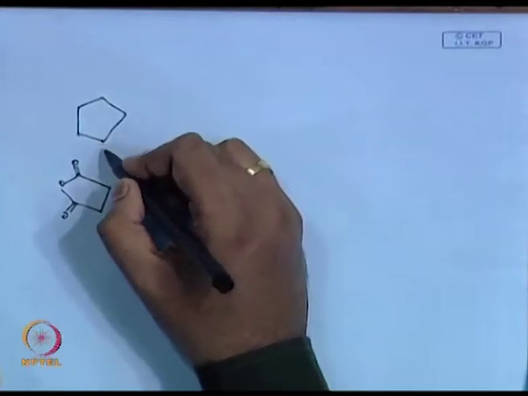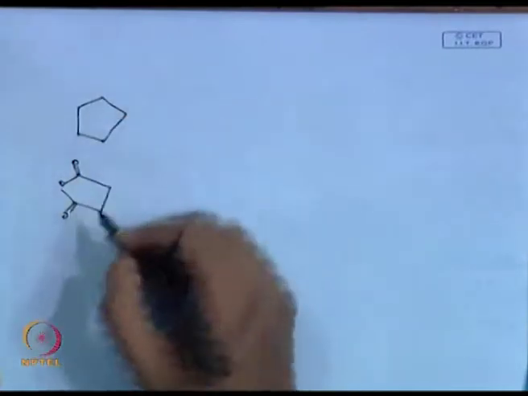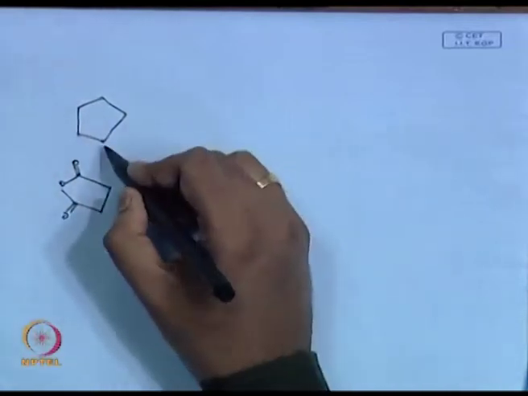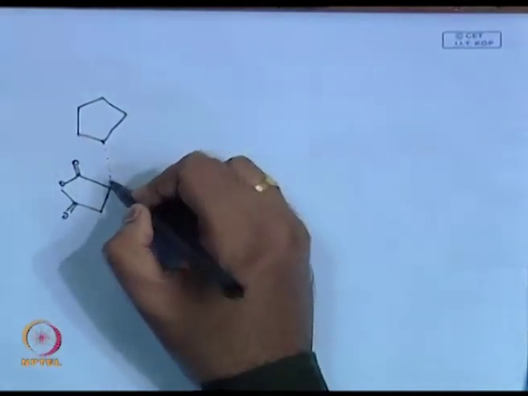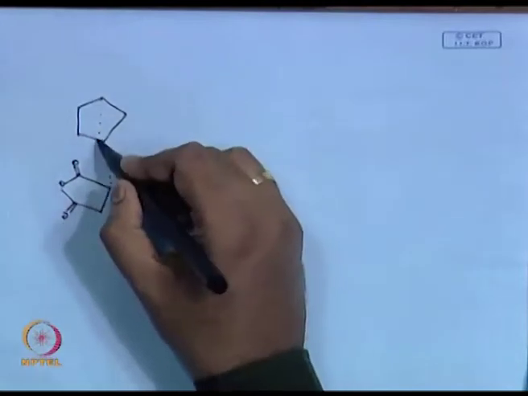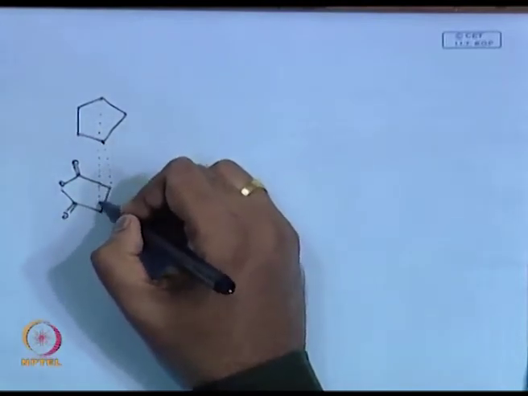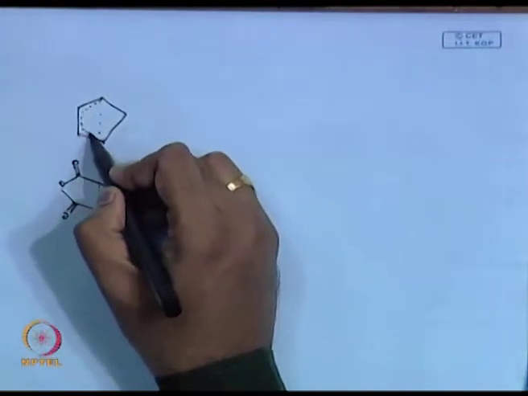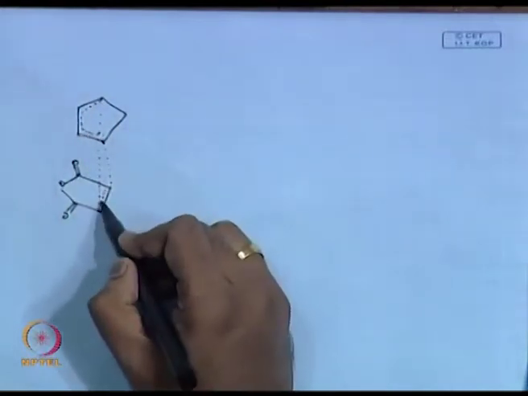So, I can have a link here, because if you see your double bond is here, and if you think about the cyclic transition state, what happens, you will have a bonding here, right. So, you have a transition state across this and you have here, okay. This is how you can look at your endo, right.